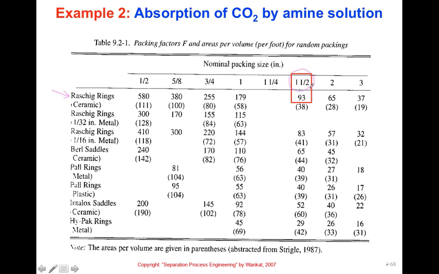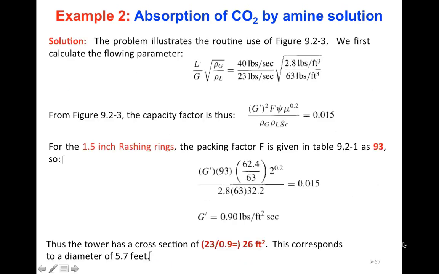The size is 1.5, so the packing factor will be 93. So I have my packing factor 93. I plug all the information here, and then I can find my G prime, which will be 0.9 pound per square foot second.